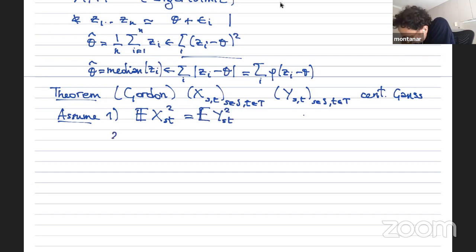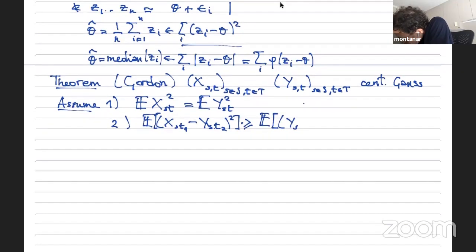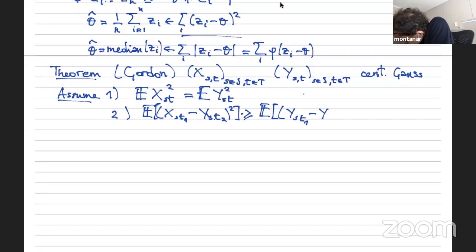Point two, you assume that if you keep the first index unchanged, oh, this is minus x, sorry, so this goes in this direction, for all T1 different from T2.